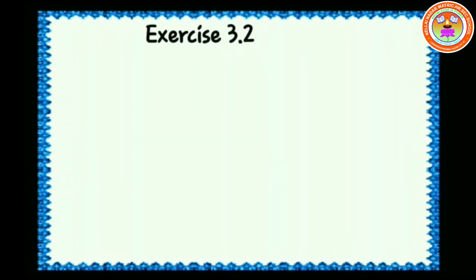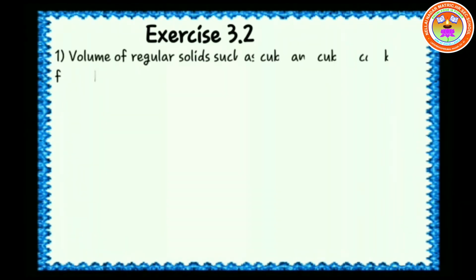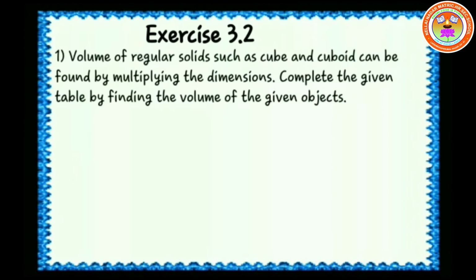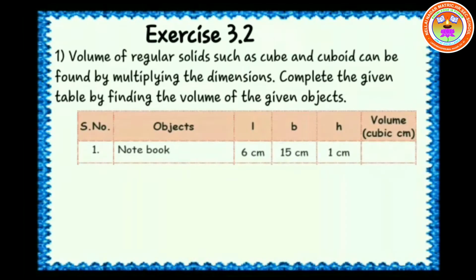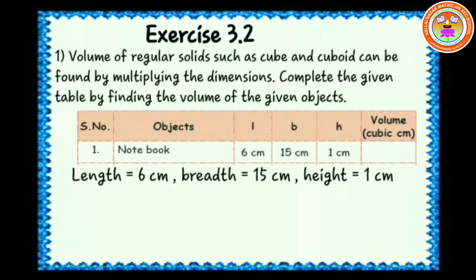It's exercise time. Exercise 3.2. Volume of regular solids such as cube and cuboid can be found by multiplying the dimensions. Complete the given table by finding the volume of the given objects. First sum. First object is notebook, whose length is 6 centimeter, breadth is 15 centimeter, height is 1 centimeter.